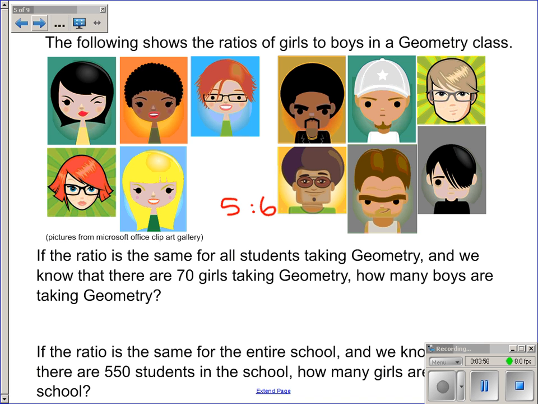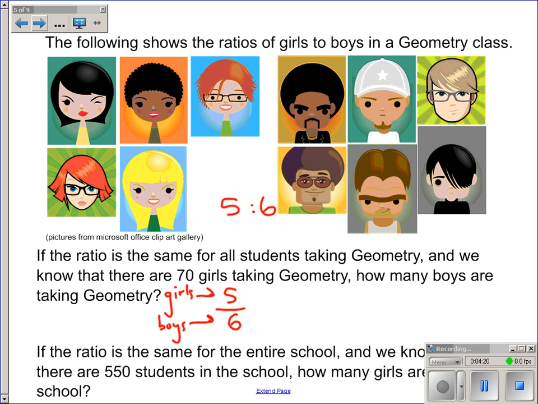Now we're going to use the ratio of girls to boys in fraction form. That'll be easier for us. I'll use the fraction 5/6. Notice that the top number represents the number of girls, and the bottom number represents the number of boys.